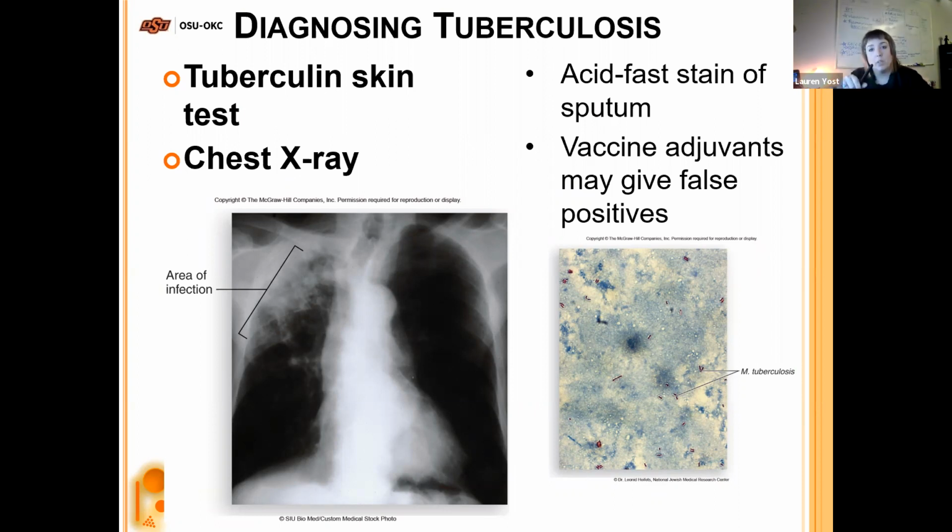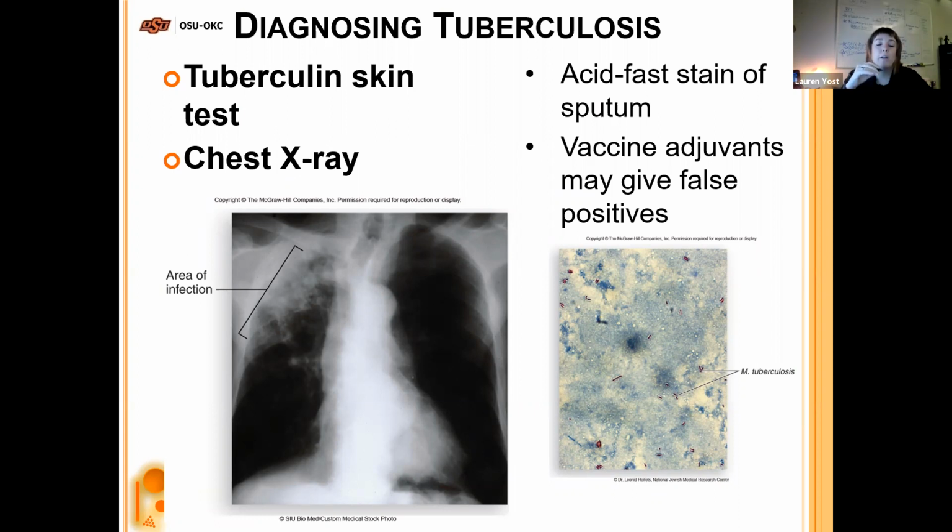Remember, tuberculosis is caused by the bacterium Mycobacterium tuberculosis. And what do you think when you see acid-fast? Oh, automatically you're thinking Mycobacterium. I know you are, because you're good and you know. Mycobacterium are acid-fast. So we can stain your sputum directly, or we can culture it if we need to.